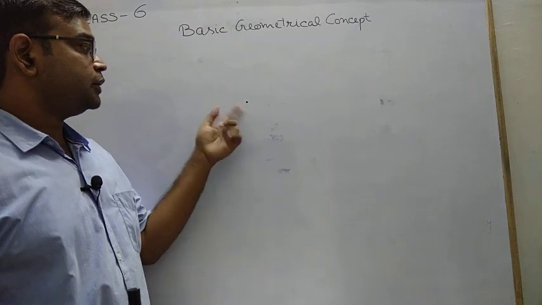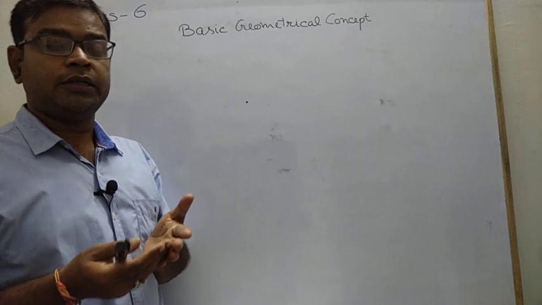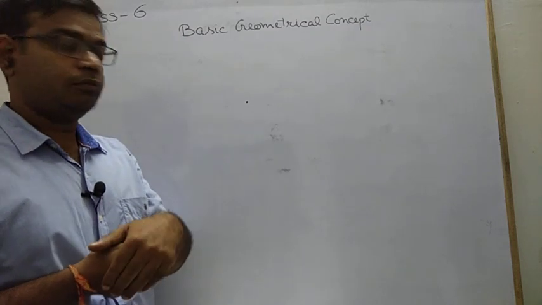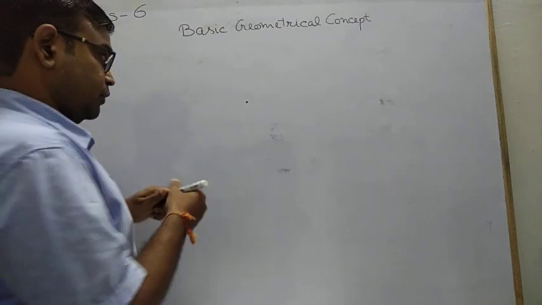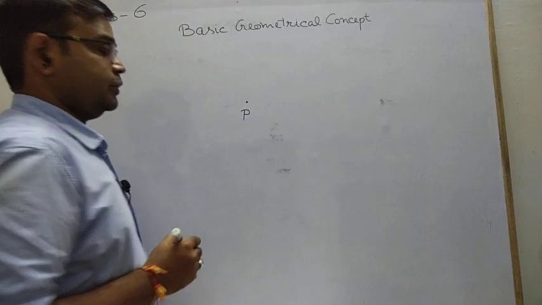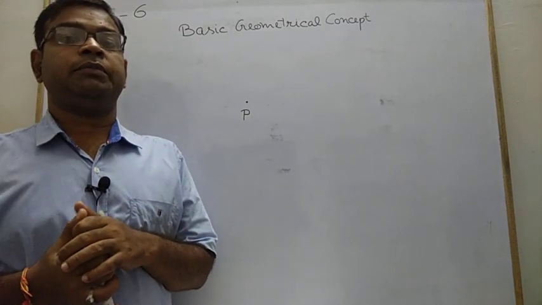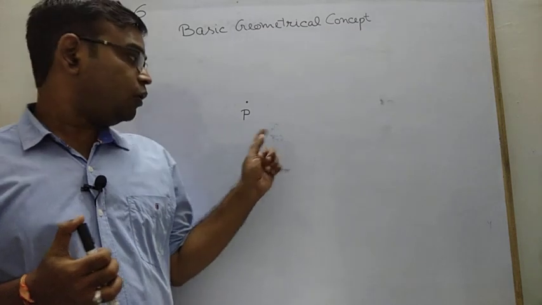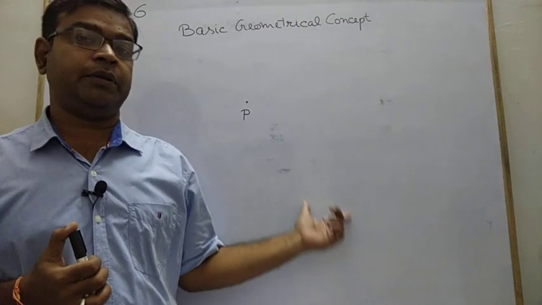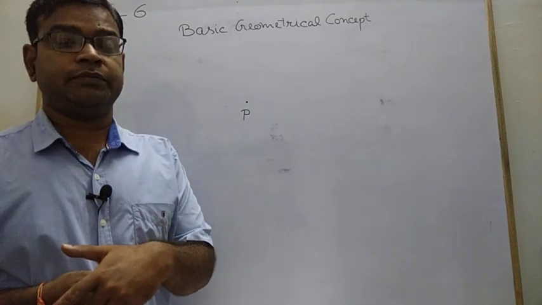How do we represent it? We give it some name, like your names, so that we can identify which person belongs to which name. For this we always use a capital English alphabet. Before we discuss all the things, always remember, in geometry all names must be block capital letters, but there is no use of cursive writing.